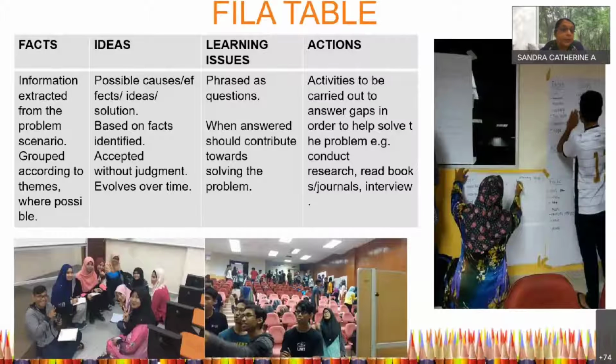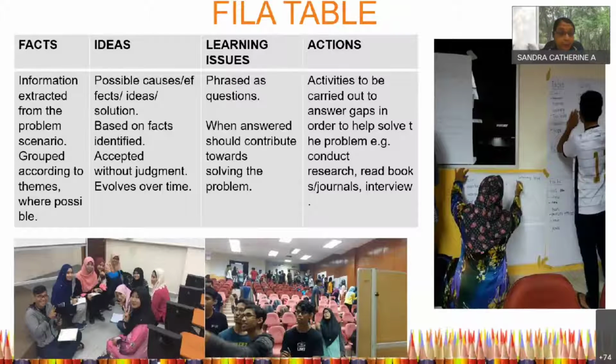So if you're worried about the space, even in a small space we can do this activity either in the lecture hall, or you can ask the students to do it outside. So we give a trigger, and then based on the trigger, students need to fill up these tables.